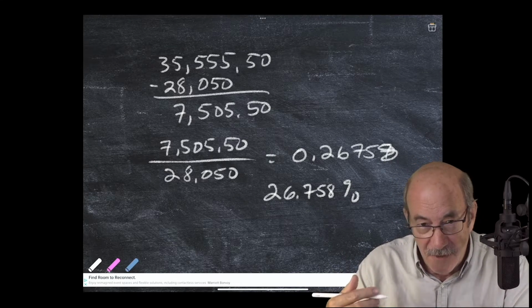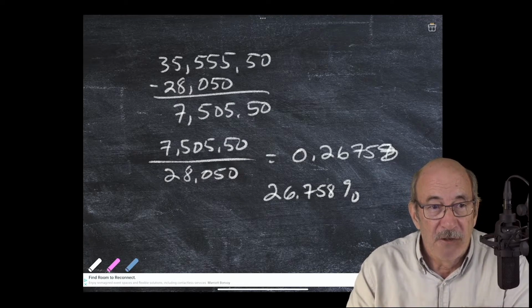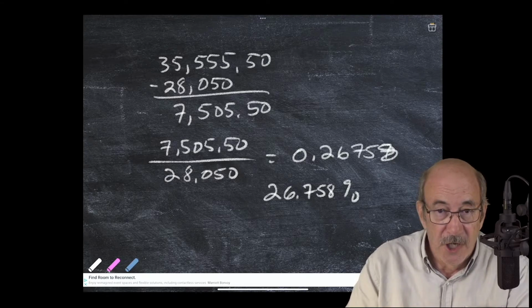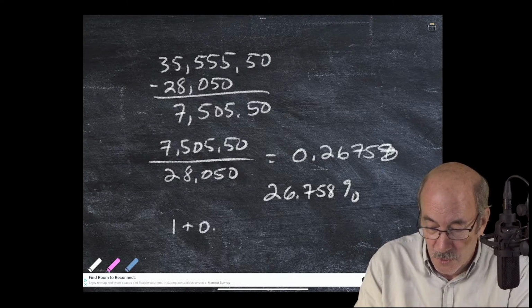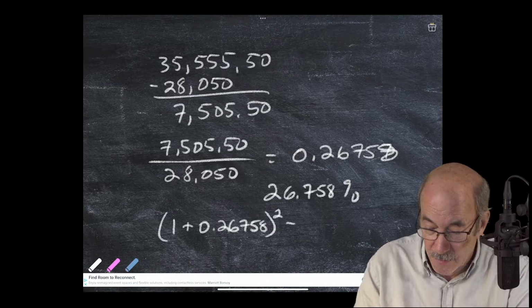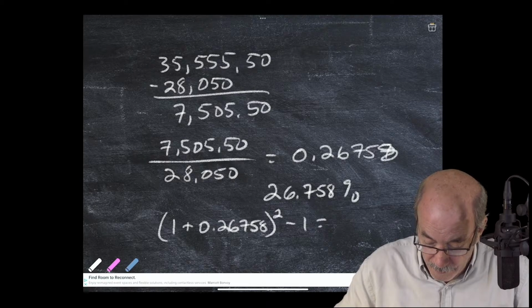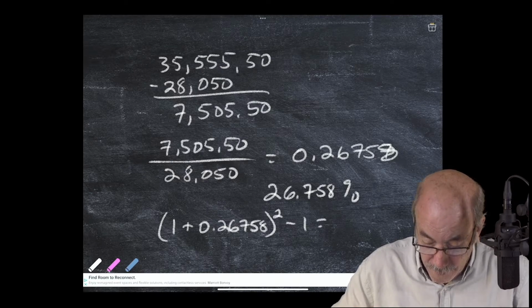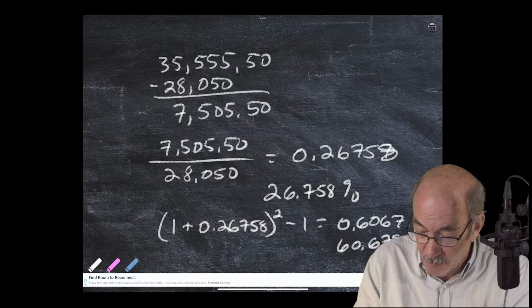Luckily, if I did need to annualize it, then I would use the effective annualizing formula. So if this were over a 6-month period, say, instead of a year, I would do 1 plus 0.26758 raised to the second power minus 1, and that would give me 0.6067 or 60.67%.